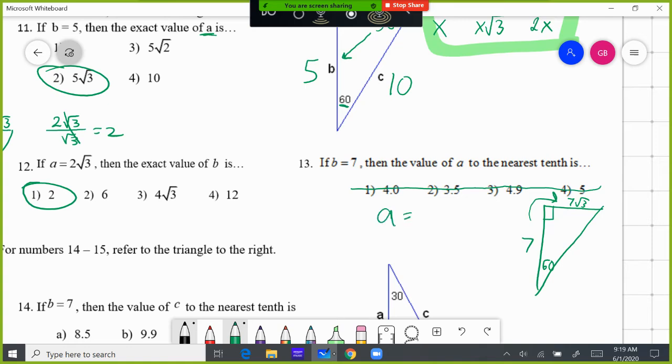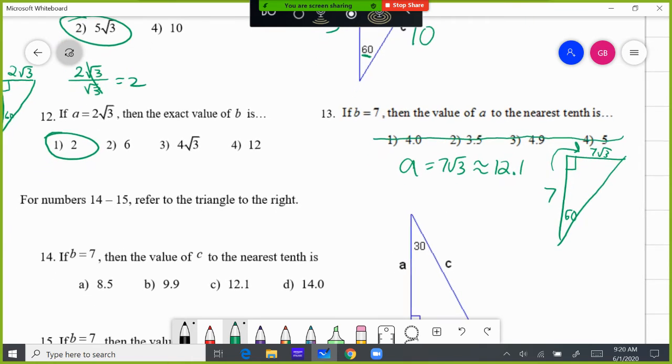The answer is 7 square root of 3, which is approximately 12.1. Yes, absolutely. Especially when you have to round, especially with those problems with area and volume. We'll get to those, I think, a few problems down the line.